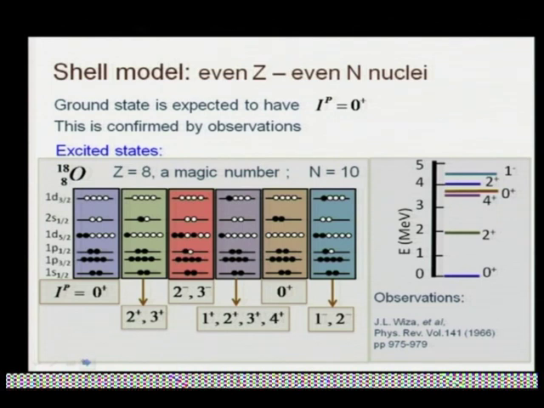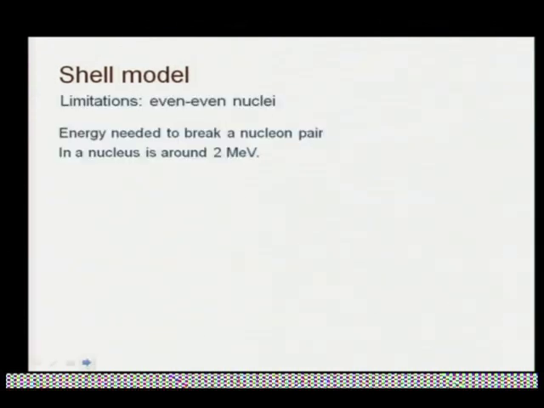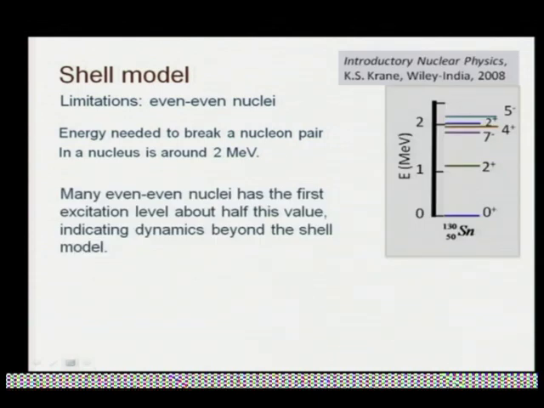So, this suggests that again we have to slightly go beyond the single particle shell model and accommodate other aspects. When we actually consider other even nuclei, many of these even nuclei, with an even number of protons and an even number of neutrons, all have this same kind of feature.